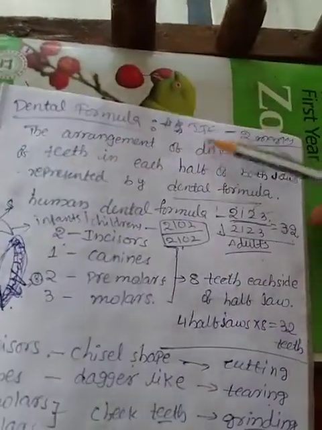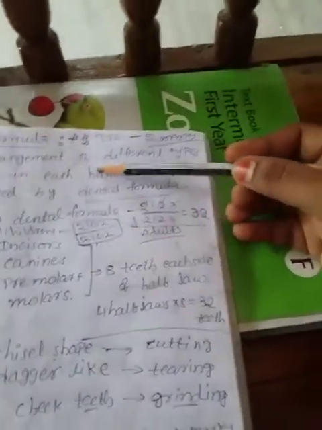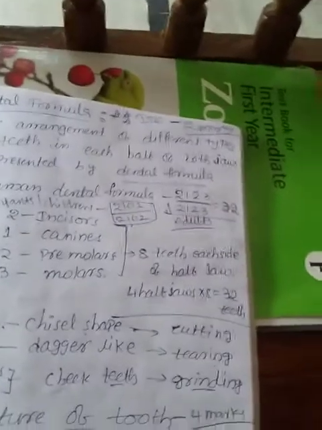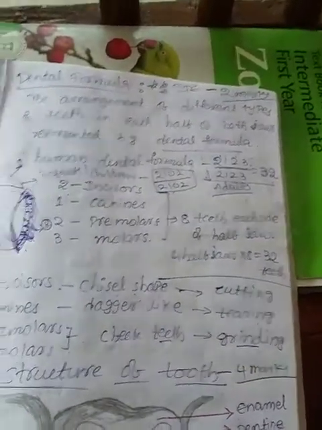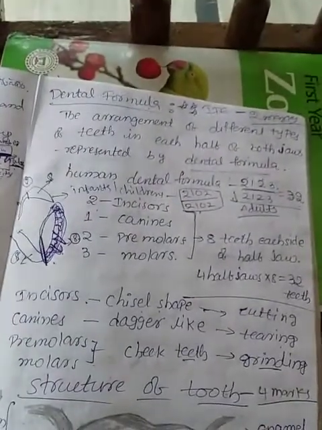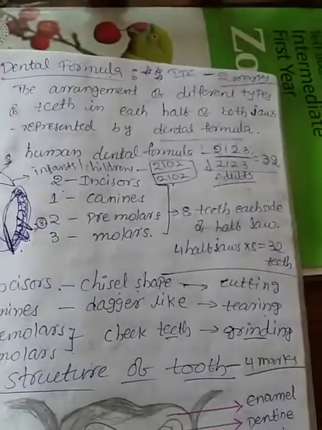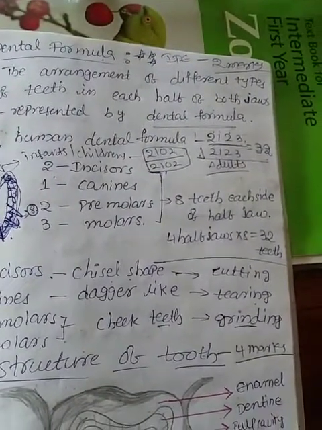Next, dental formula means the arrangement of different types of teeth in each half of both jaws. Human dental formula is 2123 by 2123 equals 32.